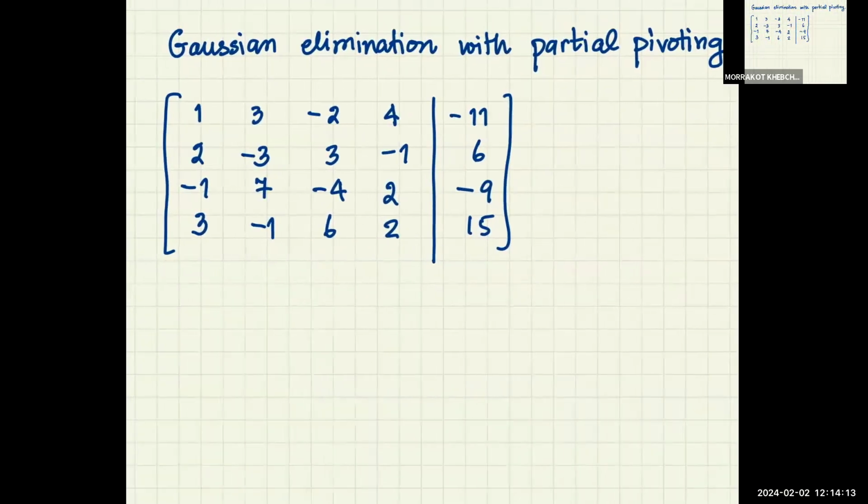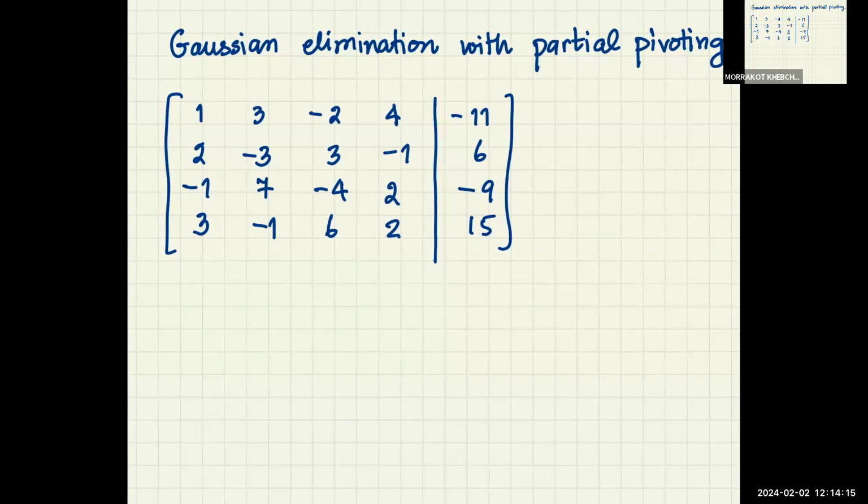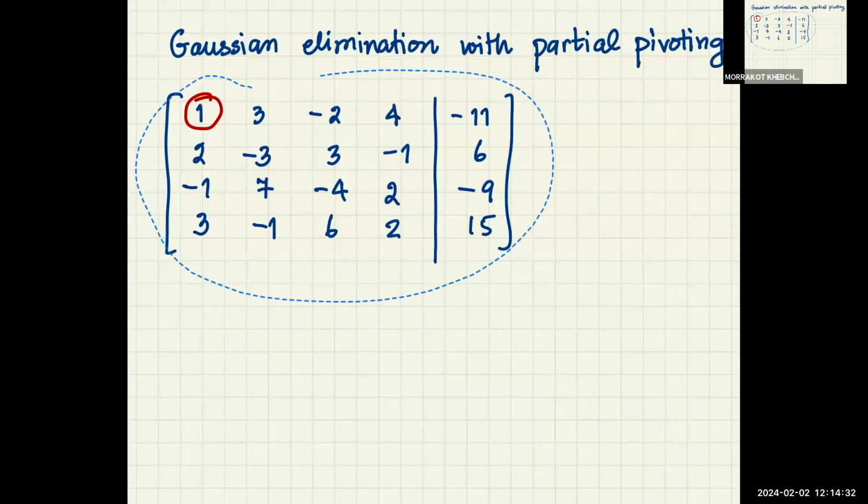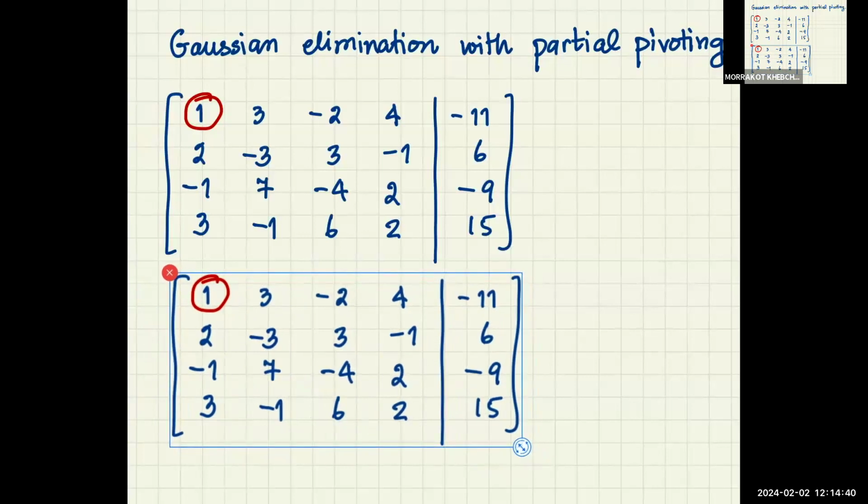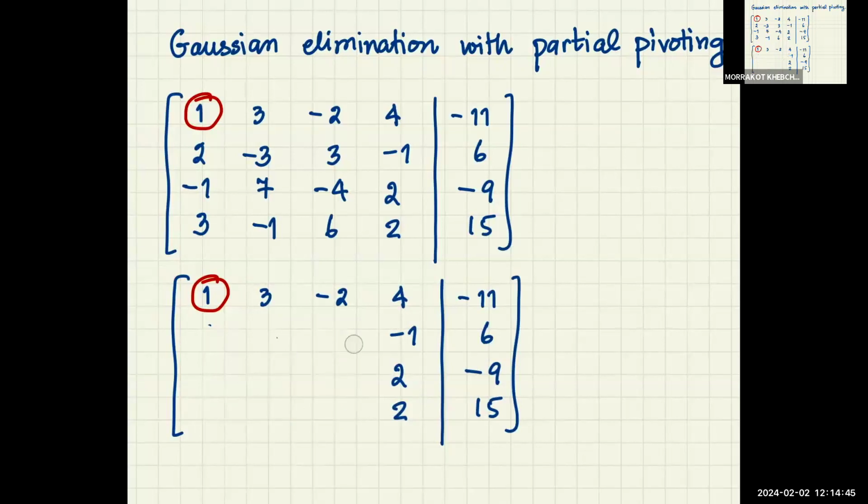Suppose we do this straightforwardly, sometimes called naive Gaussian elimination, which means whatever matrix we have, we just directly calculate from this matrix, okay? And we have the pivot element as number 1 here. I want you to see that if I reduce this matrix to an upper triangular matrix, I want to show you the multiplier only, okay? I'm going to make the column number 1 after my pivot element be 0.